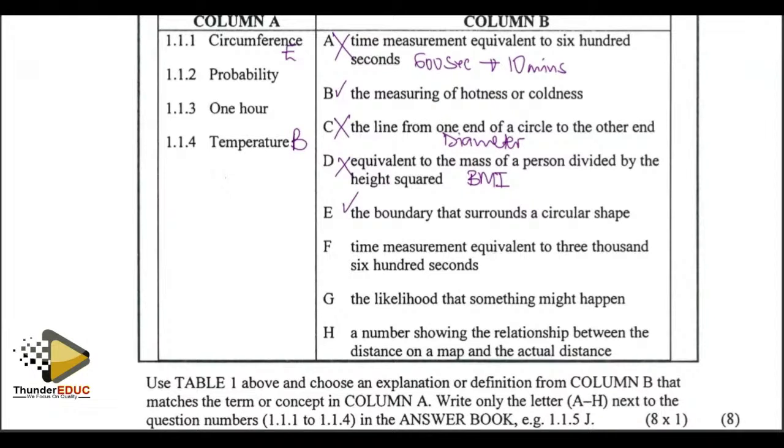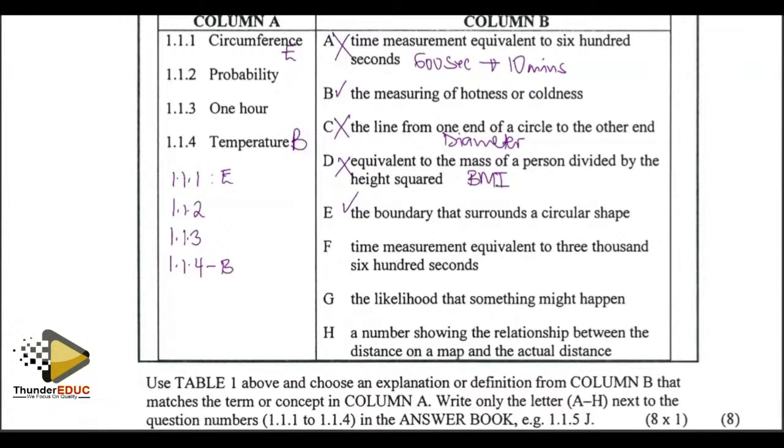They said you should write the number and the letter. So we wrote it in. 1.1.4 is B. 1.1.1 is E. So we go and see the time measurement equivalent to 3,600 seconds.